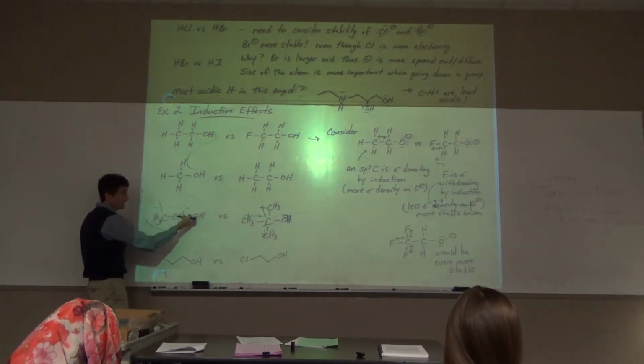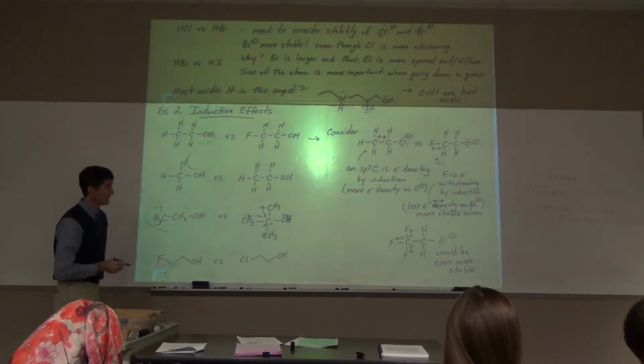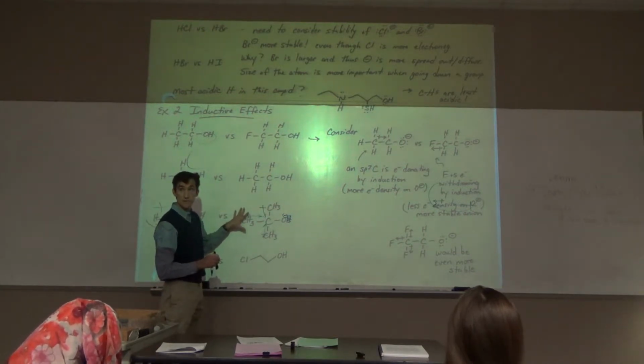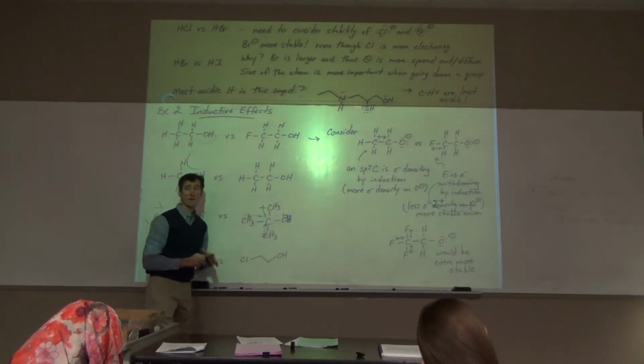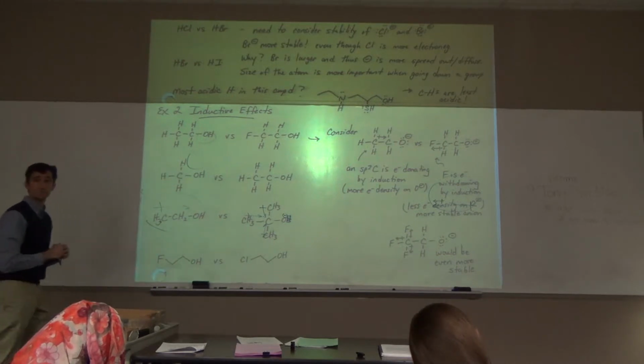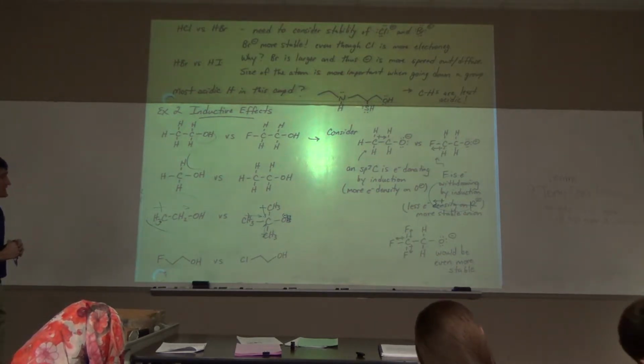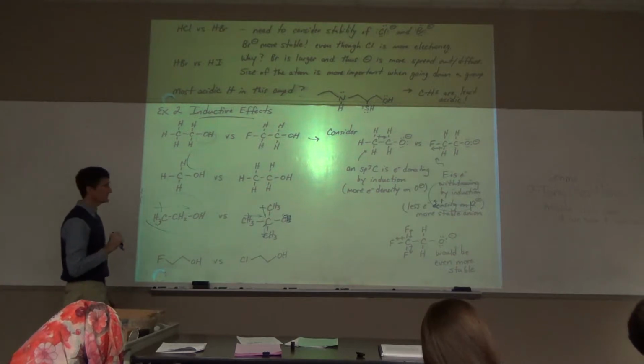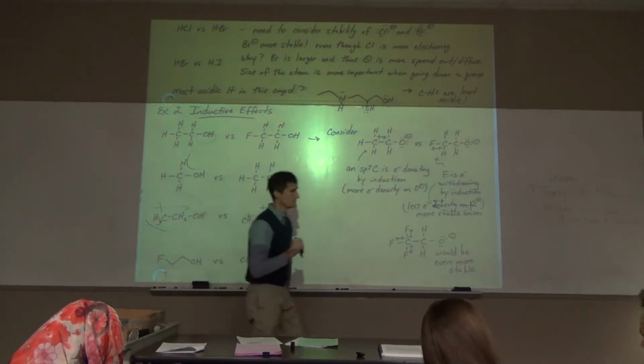This guy doesn't have as much, so it's like, okay, I'll become minus. So because of a lot more inductive donation, this alcohol is less acidic. Now the difference is real small because they're both OHs, but we can predict that difference and say that this is less acidic.